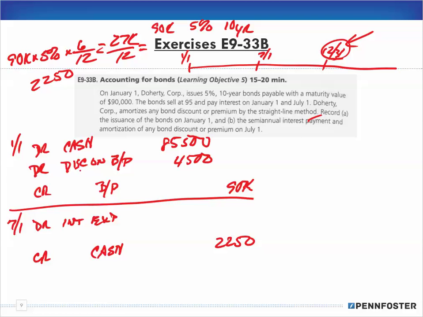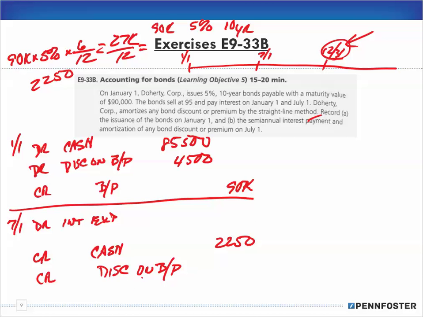We have to amortize the discount. If the discount on bond payable in our initial entry was a debit, that means we're going to credit our discount on the bond payable. Now, we need to calculate how much that discount is.